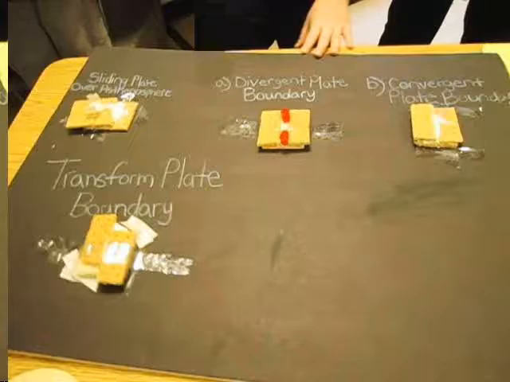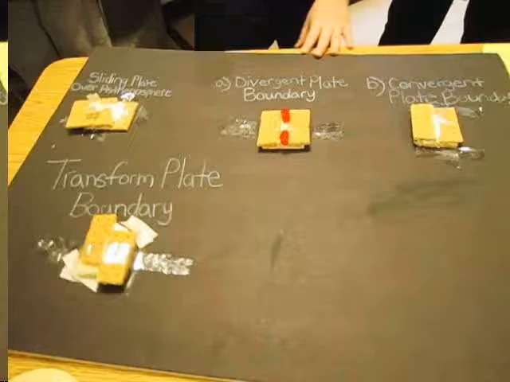Convergent plate boundary: a tectonic boundary where two plates are moving toward each other. If the two plates are of equal density, they usually push up against each other, forming a mountain chain. If they are of unequal densities, one plate usually sinks beneath the other in a subduction zone.